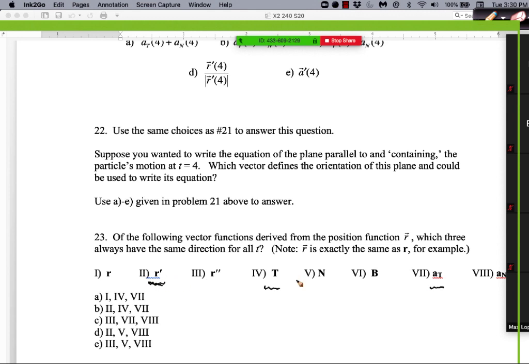The first derivative, T is the unitized version of that, and a_T will have that direction too. So we're looking for 2, 4, and 7. Those are all in the direction of tangent motion.